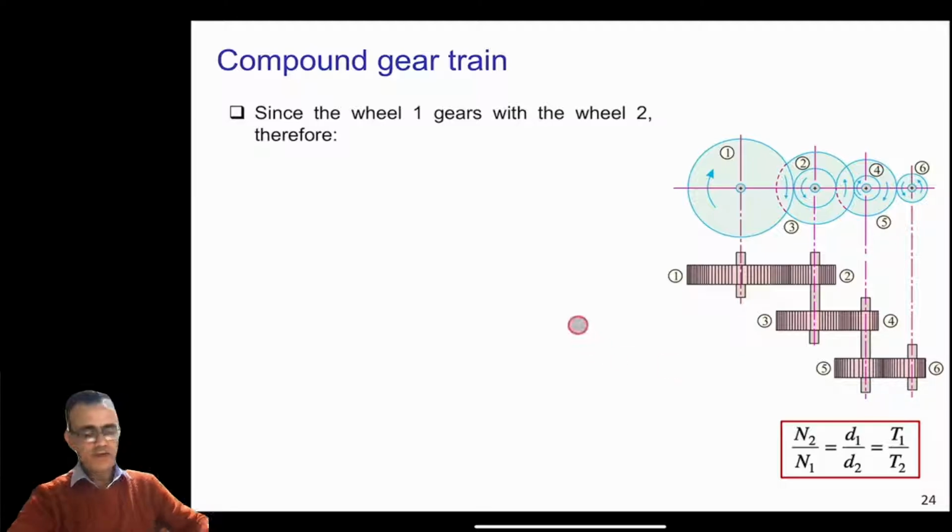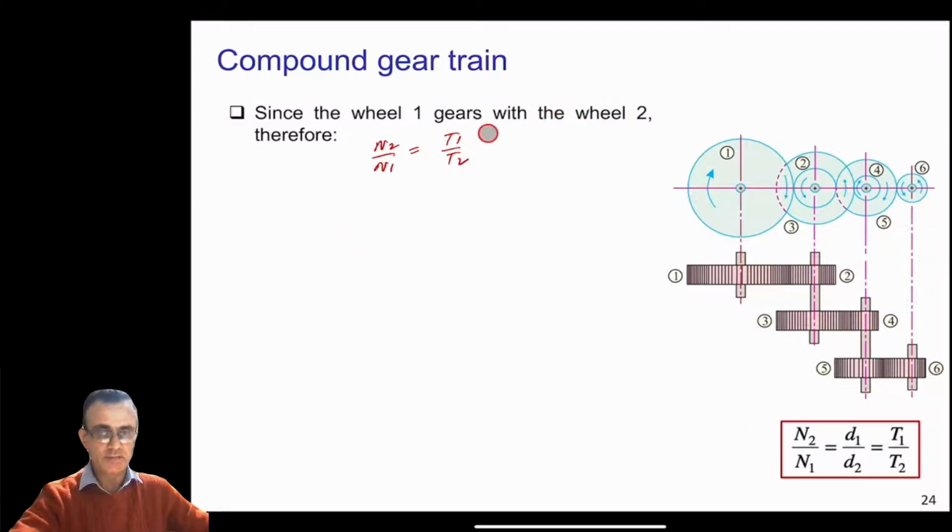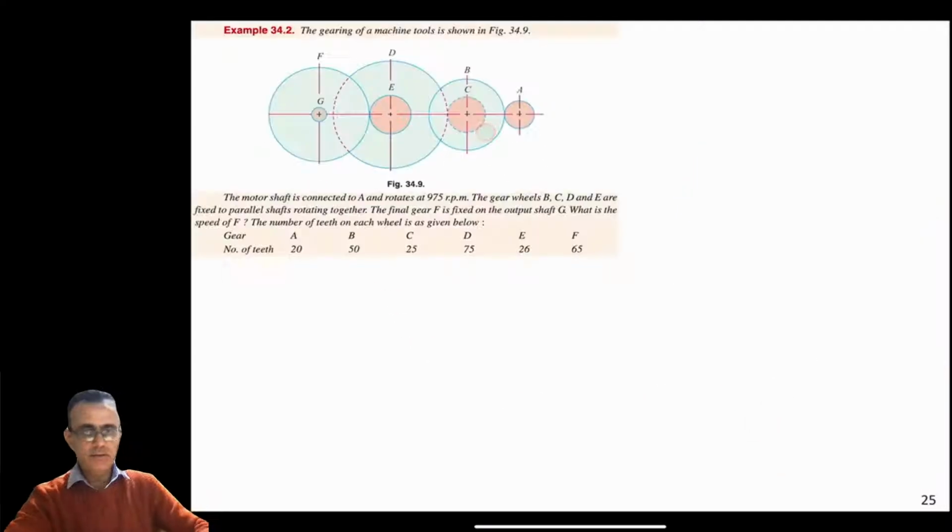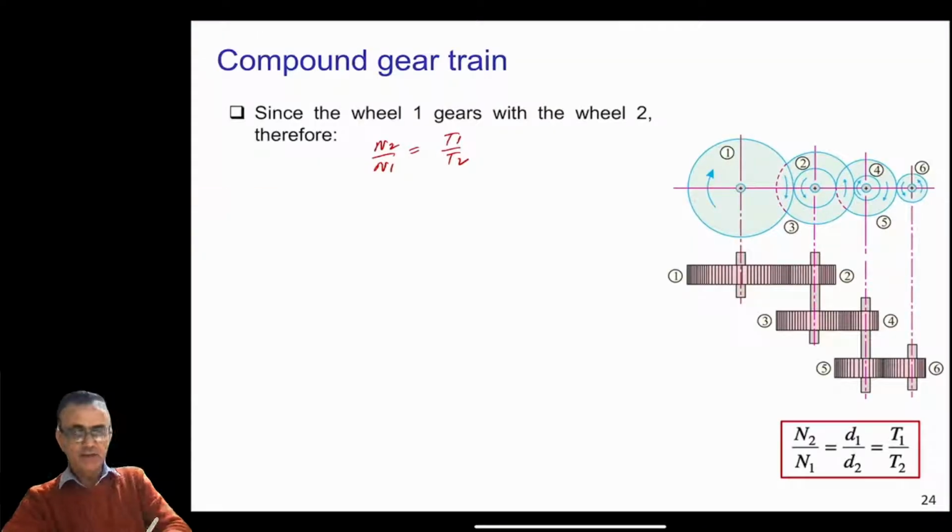Okay, so now, because as you can see in this case here, 1 and 2 are meshing with each other, you can write that N2 divided by N1 using this equation here is equal to T1 divided by T2, which is inversely proportional to the number of teeth here. And similarly, you can also write for all others. So in this case, these two are meshing with each other, 3 and 4.